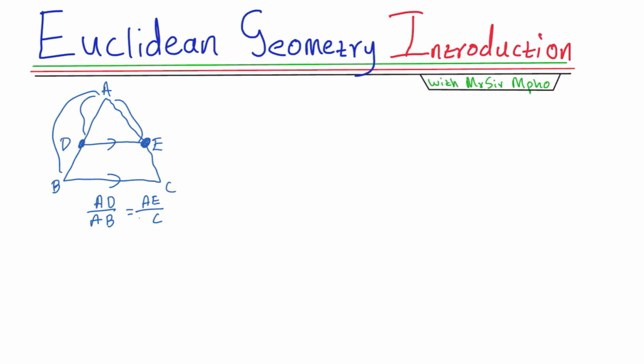It's AD over DB is equal to AE over EC. Clear? Or you can say EC over AC. By the way, we'll see it when we deal with the riders. But that's what this theorem is basically saying to you. It says they will be cut in equal proportion. That's the first theorem in grade 12.